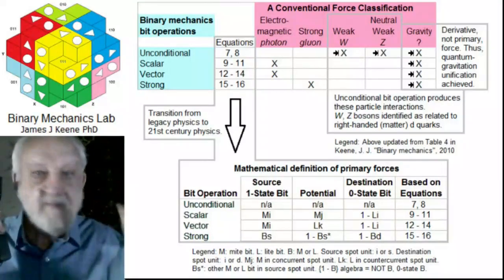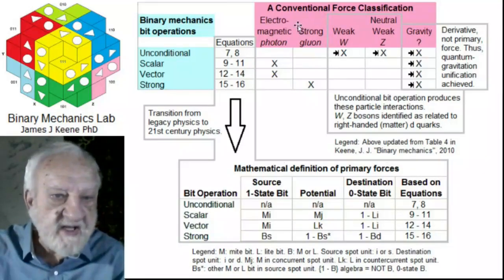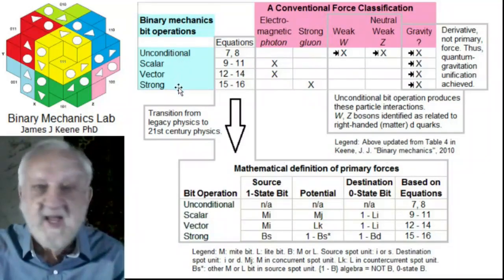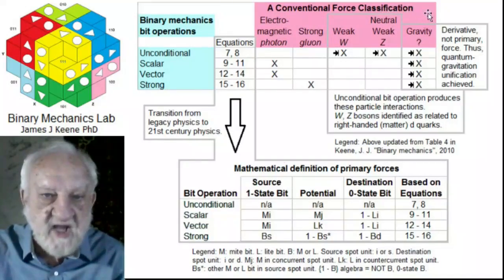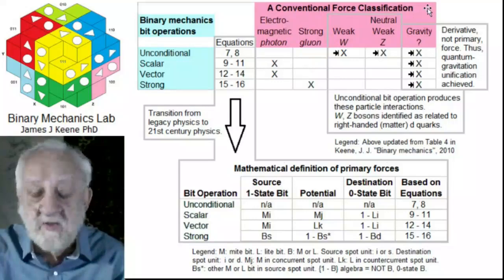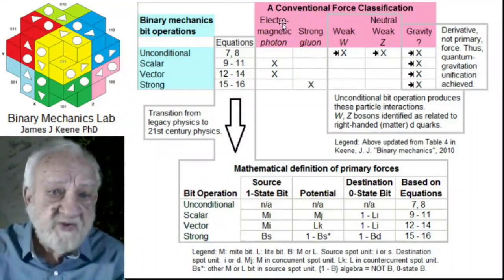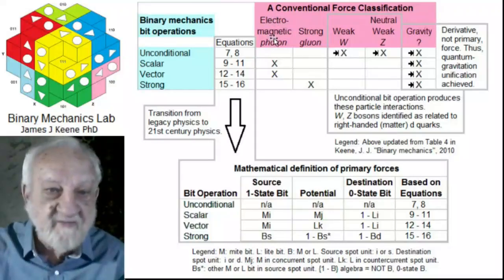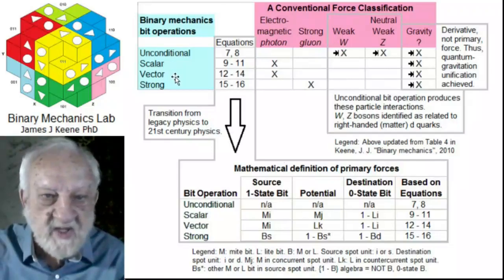because you're talking about something which is sort of magic and miracles. So to sum up, we might want to cross-tabulate the four binary mechanics bit operations with a conventional force classification, which is based upon particle interactions, an obsolete way to proceed. First, the so-called electromagnetic force actually maps to two different bit operations in binary mechanics.